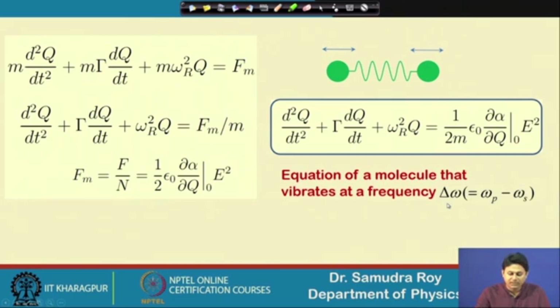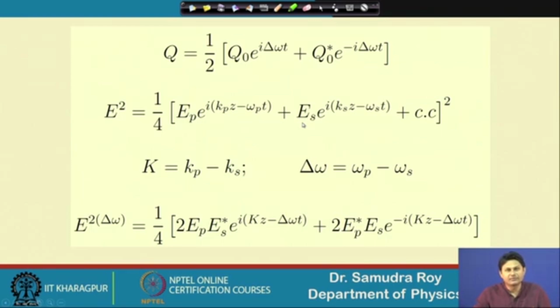That is why the generalized coordinate in this differential equation should have a frequency component delta omega, but the amplitude may not be real, it is a complex amplitude. So in general I can write q equal to half of q 0 e to the power i delta omega t plus the complex conjugate of the whole term.